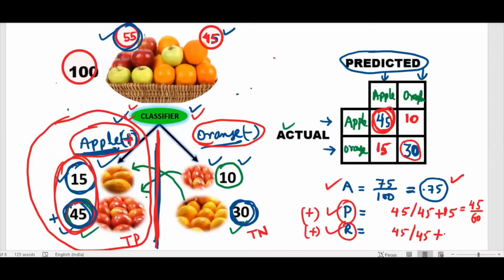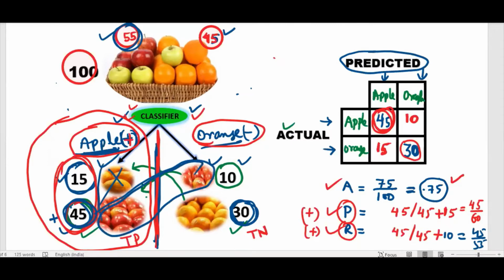If you write that, that is your recall: 45 divided by 55. However, precision is about whatever the classifier predicted. Out of that prediction, the classifier said these all are apples, but there is a problem here. So what is this percentage you have to see. Out of all actual apples, how many apples are there?